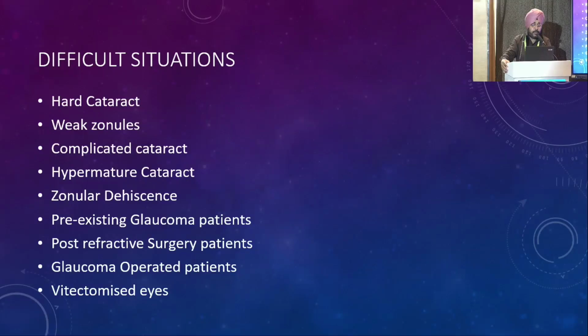Also glaucoma operated patients, because in most of them the trabeculectomy, which we routinely do at 12 o'clock or the superior limbus, leaves little space for tunnel making in manual small incision cataract surgery. And of course vitrectomized eyes, where the eye is a little bit soft and it is a little difficult to form the sclerocorneal tunnel.